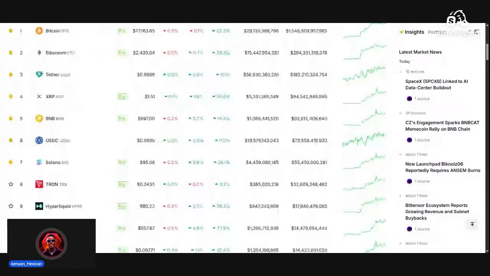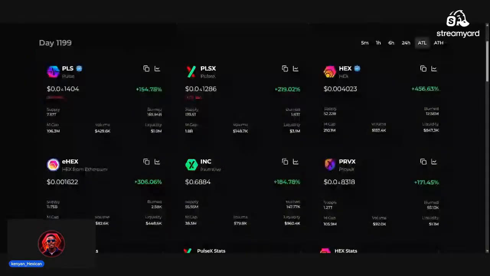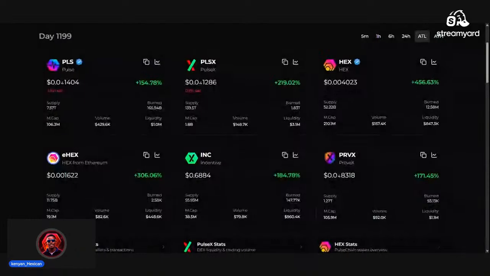So I think I've touched base on all of these, and also we had looked at the PulseChain ecosystem and how price imekuwa ikiperform kutoka all time low. The next chart that I'm going to share is going to sum up everything, from bestchart.com.